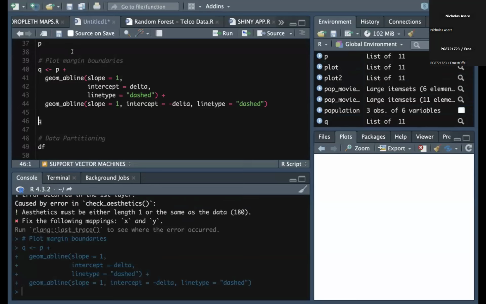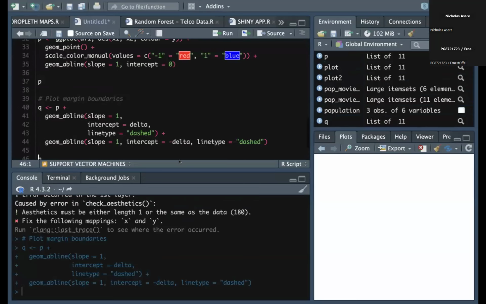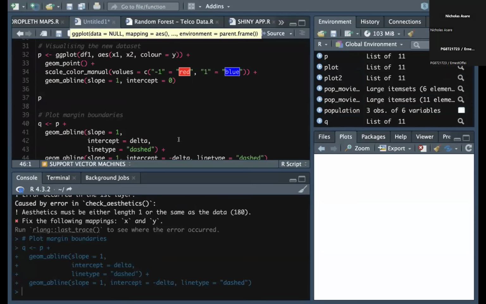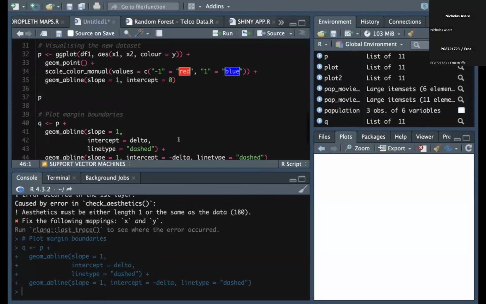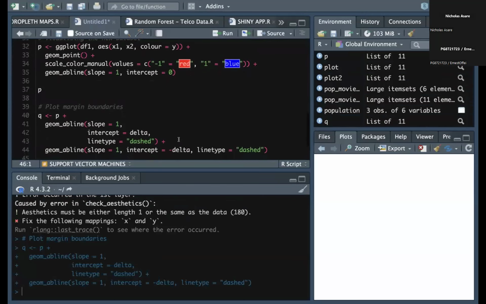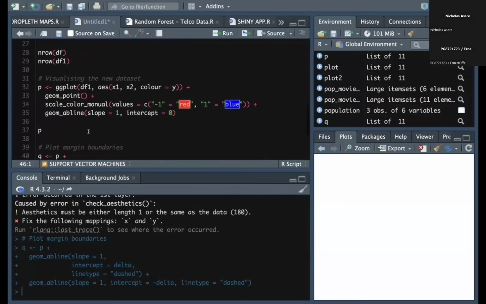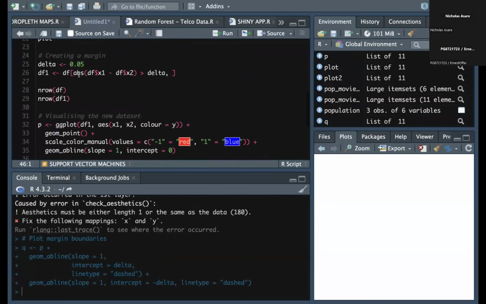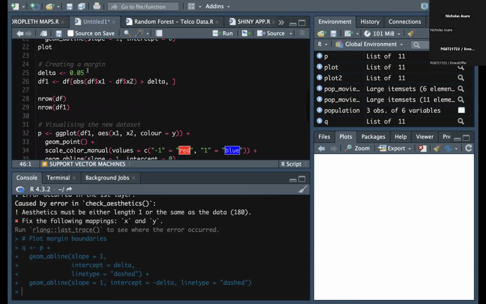Then go to the one before this, go to 20 something. Run your nrow for DF and then DF1. Okay, good.